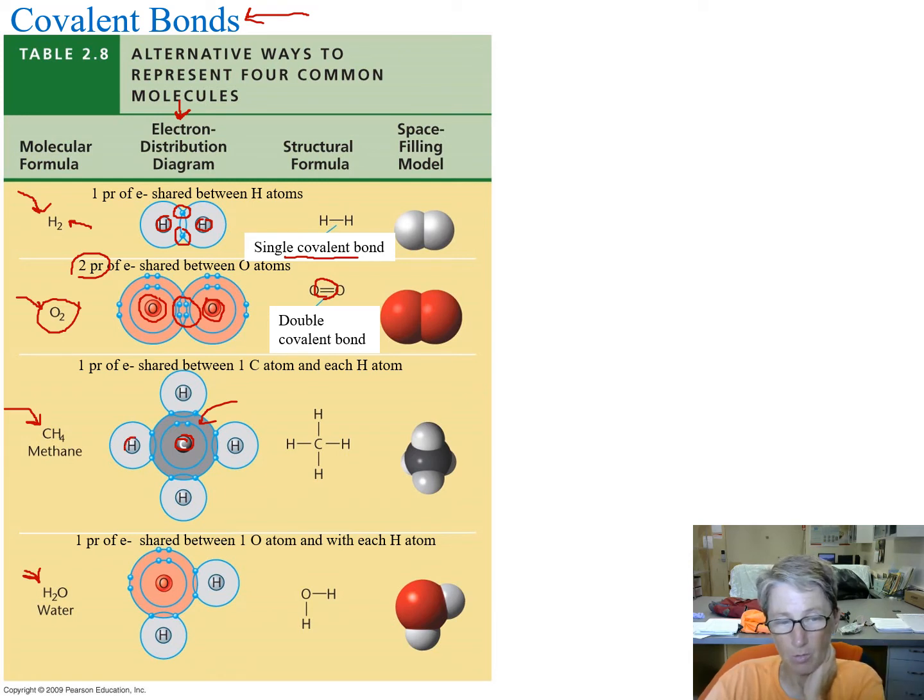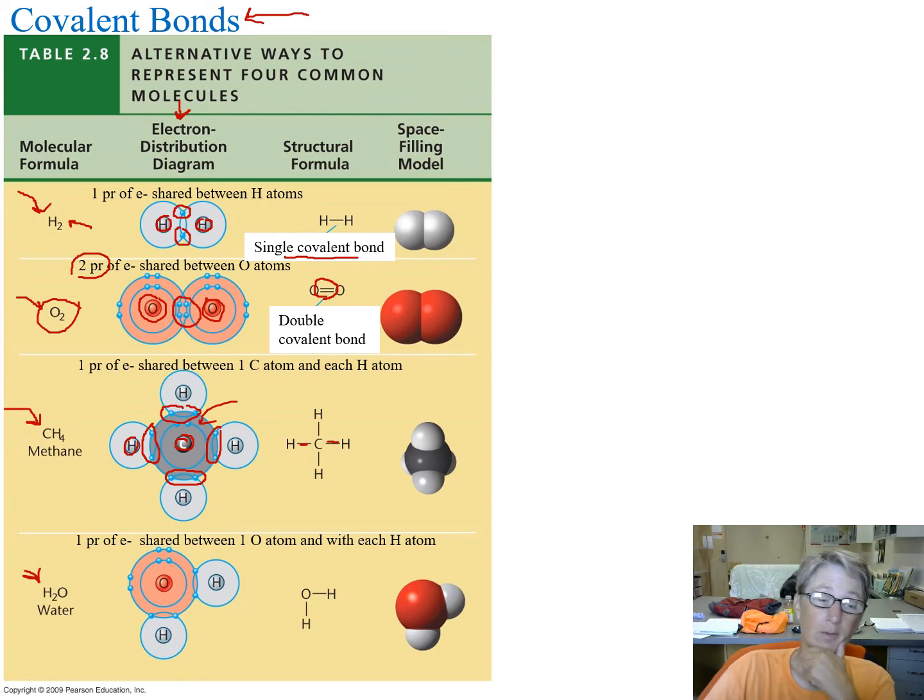So here's one hydrogen atom. Carbon is sharing one pair of electrons here. Carbon is sharing one pair of electrons with this hydrogen. Carbon is sharing one pair of electrons with this hydrogen. Each carbon-hydrogen covalent bond is sharing one pair of electrons.